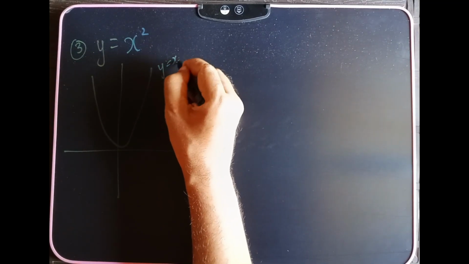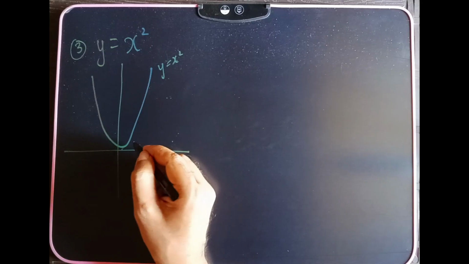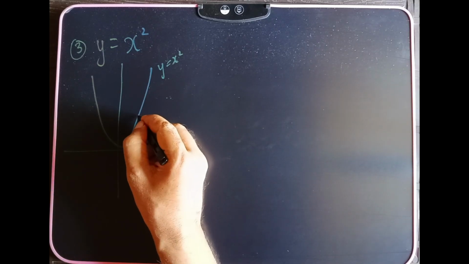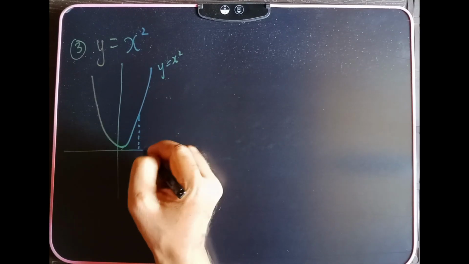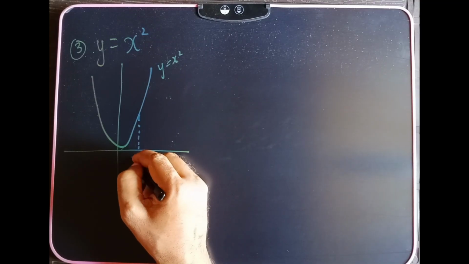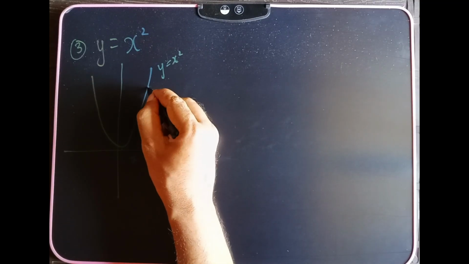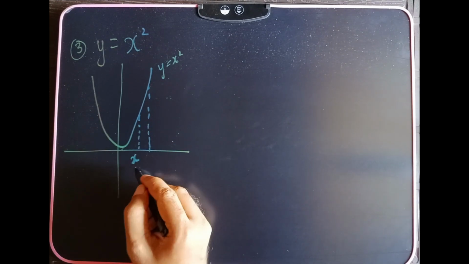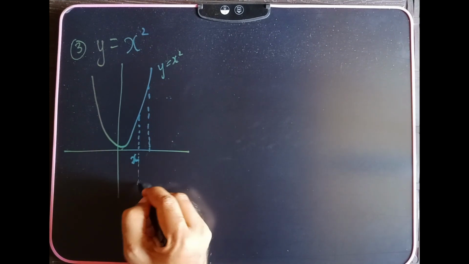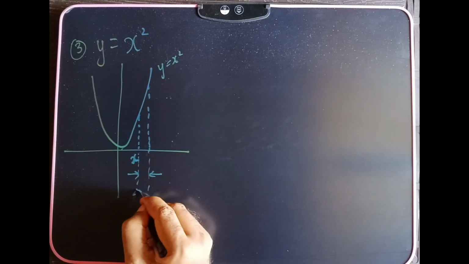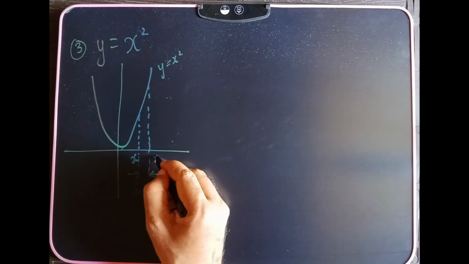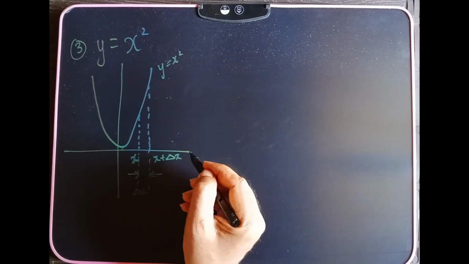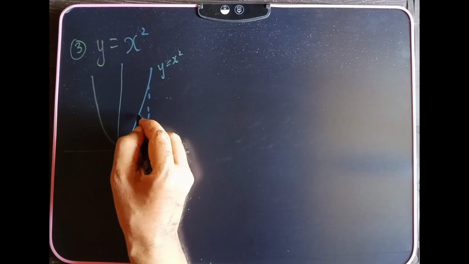Now if I take two points here, this is the point x, and this is another point, with this change being delta x. So this point here will become x plus delta x.